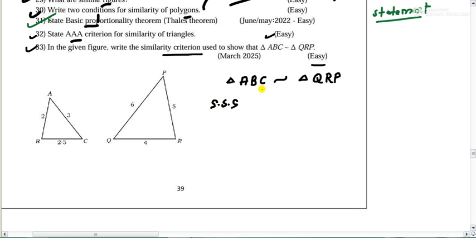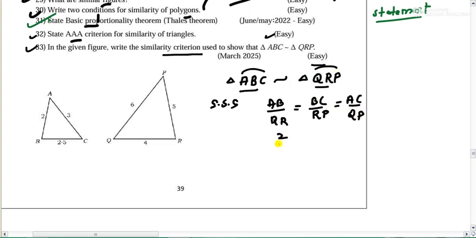Yes. Why? See, these two triangles, if you take their ratio, AB by QR will be equal to BC by RP, and AC by which one? QP. Now substitute. AB is 2. QR is how much? 4. So 2 by 4. BC is 2.5. RP is how much? 5. And AC is 3 and PQ is 6.